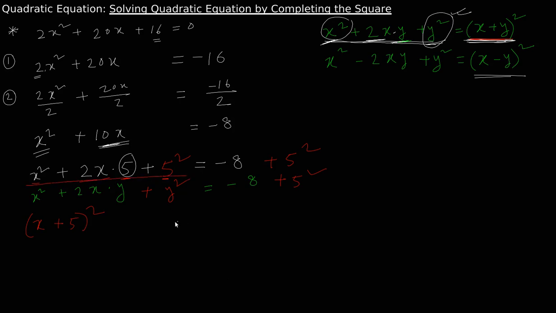On the right hand side what I am left with is negative 8 plus 5 square. 5 square is 25, and 25 minus 8 is 17. Okay, so this is my 17. So what I have now is (x plus 5) square equal to 17.